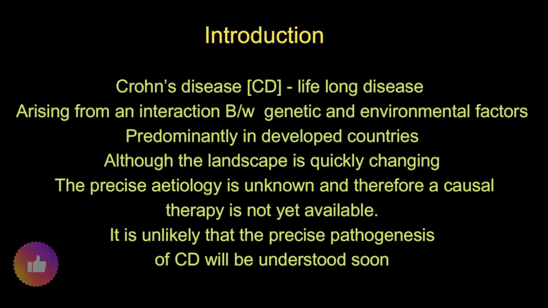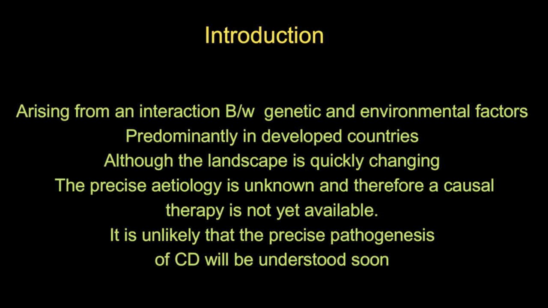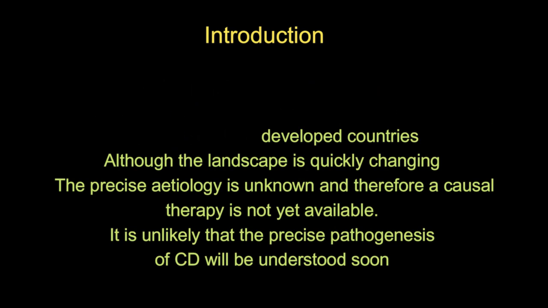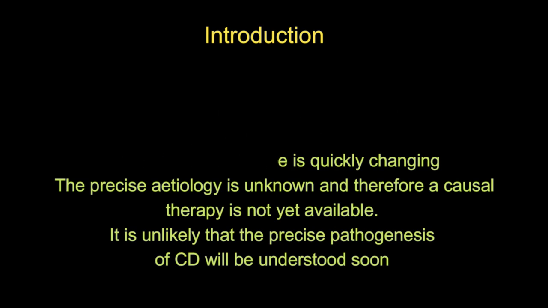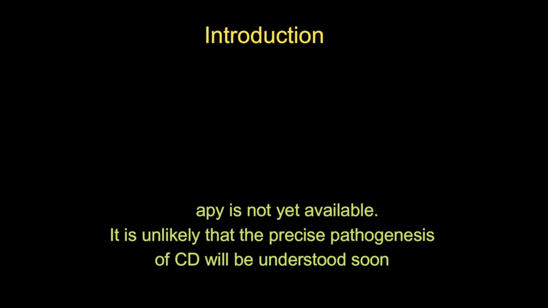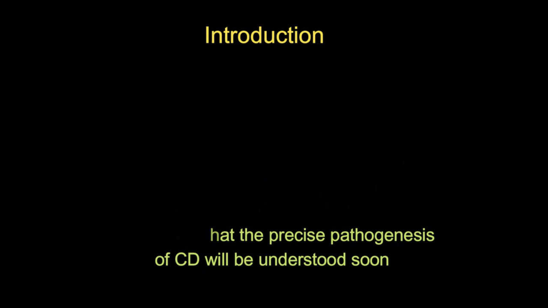That means we are seeing more and more cases in developing countries, and more patients are coming to us in clinical practice. The precise etiology is not known, so a causal therapy is not yet available. We don't know the cause, so we don't have any specific curative treatment, and it is unlikely that the precise pathogenesis of Crohn disease will be understood soon, because we are not getting any breakthrough despite extensive research about the etiology of Crohn disease.